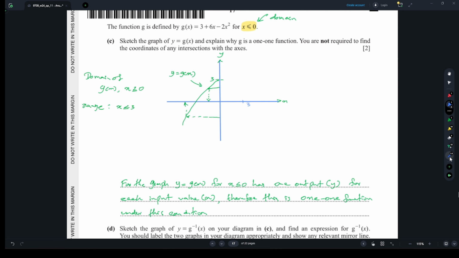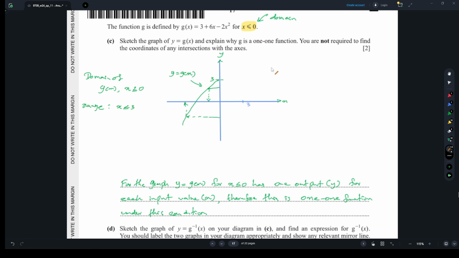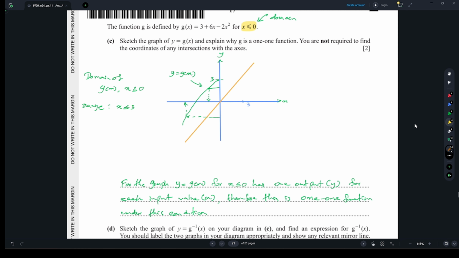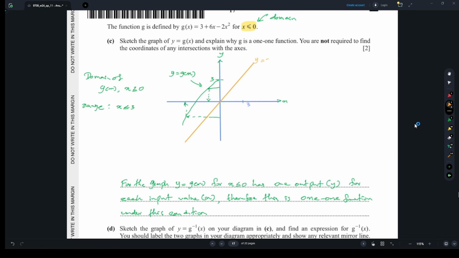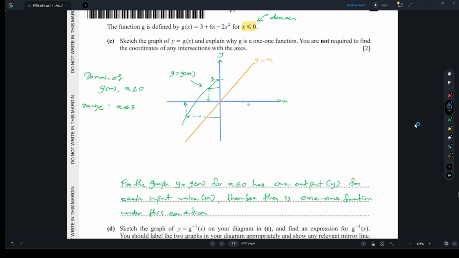So in that case, if you remember, we have to draw the y equals x line, because that is the reflection around the y equals x graph, right? So the inverse is, okay, this is y equals x. So the graph is the mirror image of your gx around this y equals x.